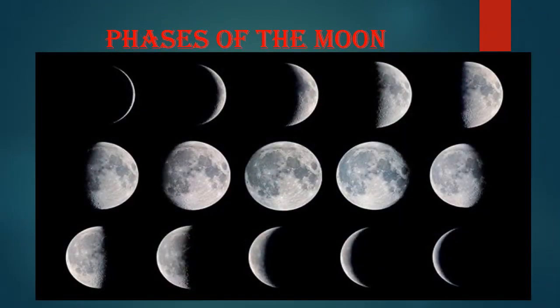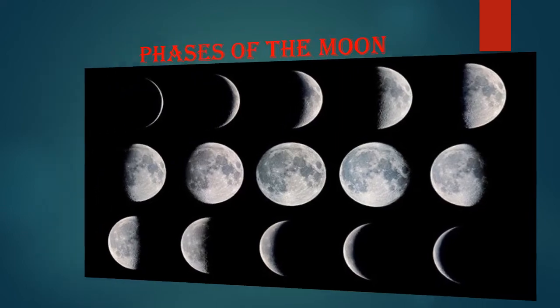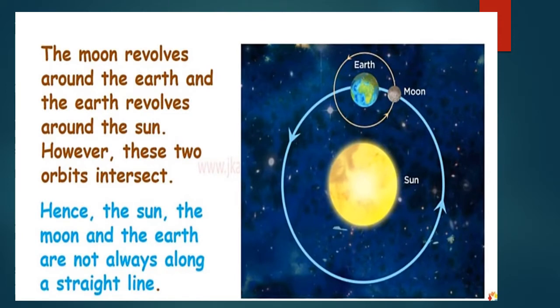Students, today we are going to see the phases of the moon. As everyone knows, the moon revolves around the earth and the earth revolves around the sun. However, these two orbits intersect. Now, what do you mean by orbit? Orbit means the path that the earth and the moon take to travel.